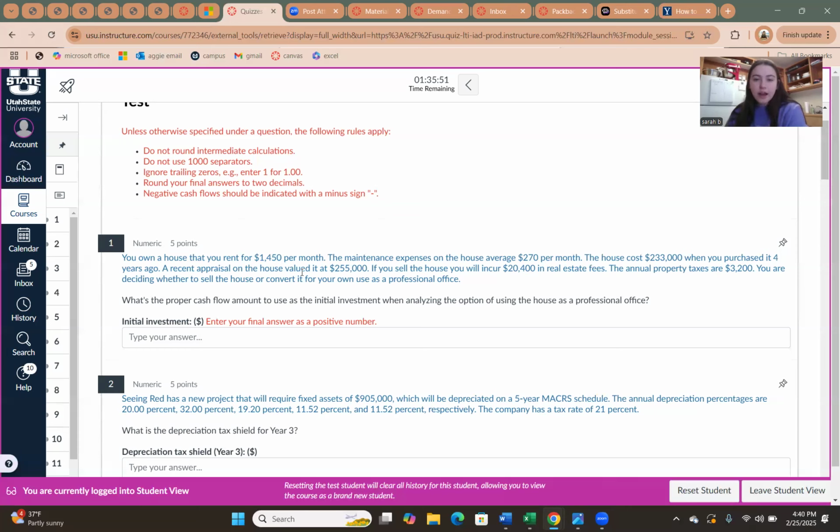If you sell the house, you will incur $20,400 in real estate fees. The annual property taxes are $3,200. You're deciding whether to sell the house or convert it for your own use as a professional office. What's the proper cash flow amount to use as the initial investment when analyzing the option of using the house as a professional office? Okay, who wants to help me start?